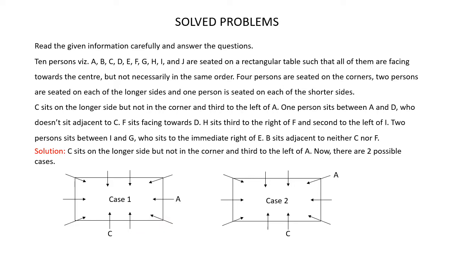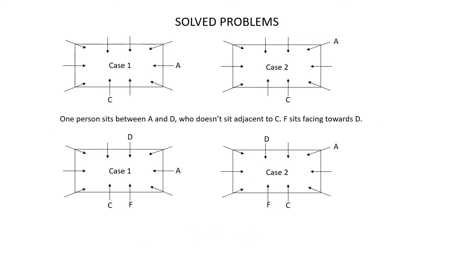In case 2, this has to be the position for A such that C sits third to the left of A. So mark A in this position. So now we have the positions for A and C in case 1 and case 2.